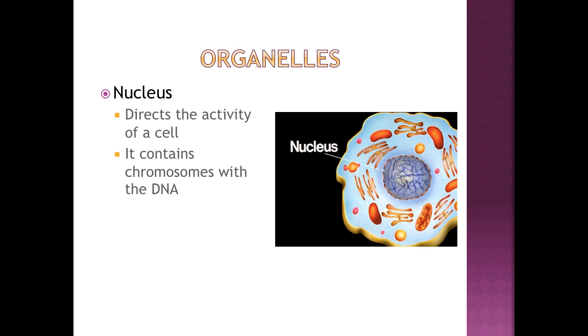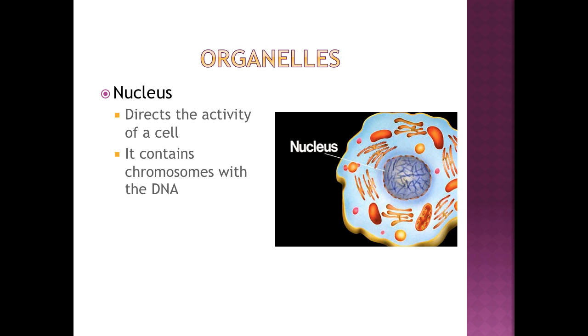A nucleus. We will be talking a lot about nucleus, not only in the cell and human body unit, but also in the genetics unit when we get to it in our third nine weeks. A nucleus directs the activity of a cell. It contains chromosomes that have DNA in them. The nucleus is considered the brain of the cell.